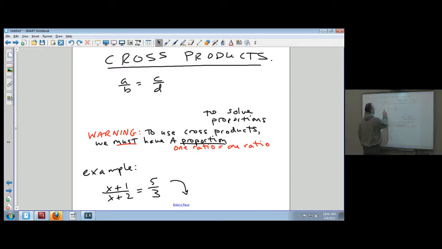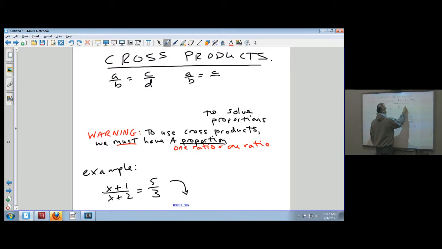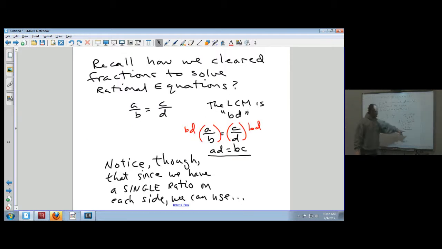We have this ratio, or this proportion, of A over B equals C over D. By using cross products, we end up with AD equals, and then we cross the B and the C, equals BC. Now, isn't that the exact same thing we had right over here?